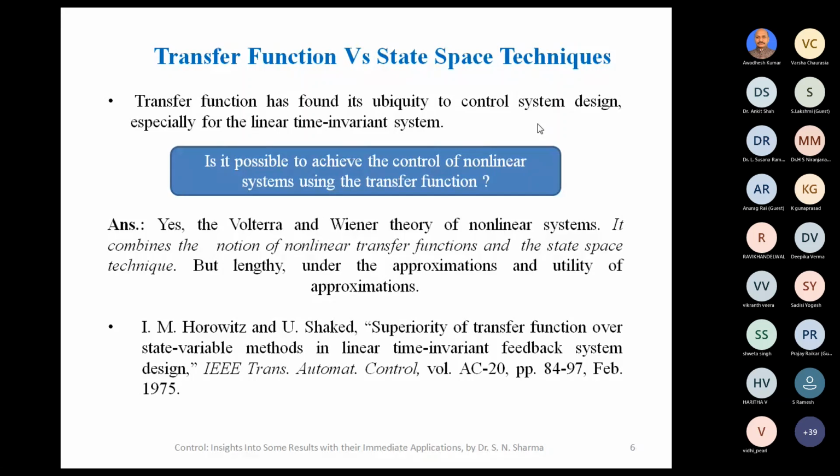And if the system is time invariant but non-linear, can you achieve its transfer function? If the system is time varying and non-linear, can you achieve its transfer function? These are the questions.